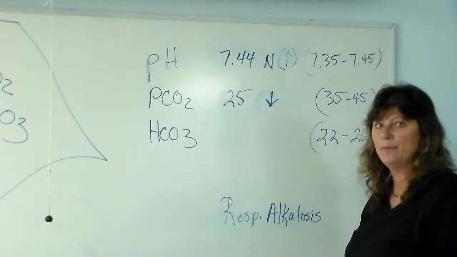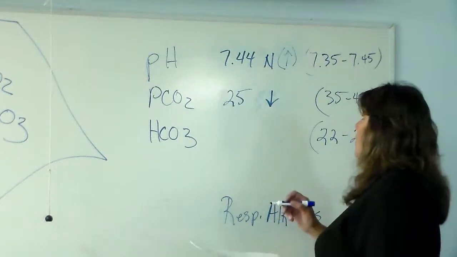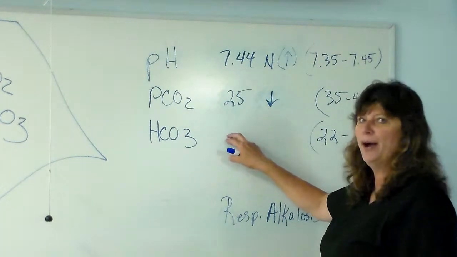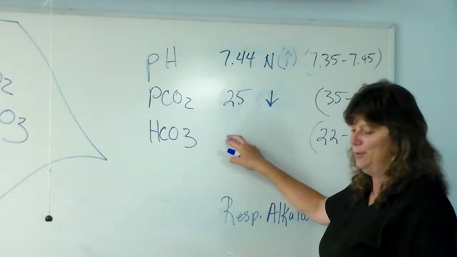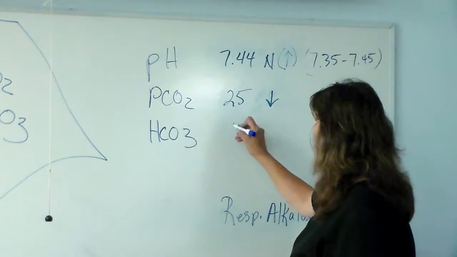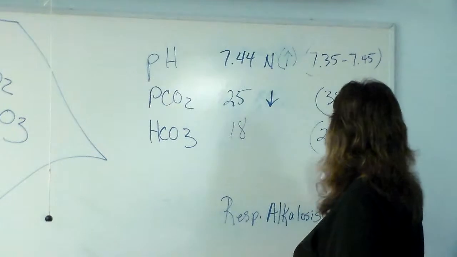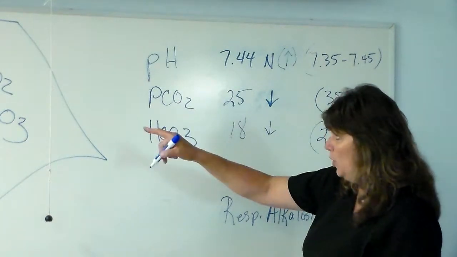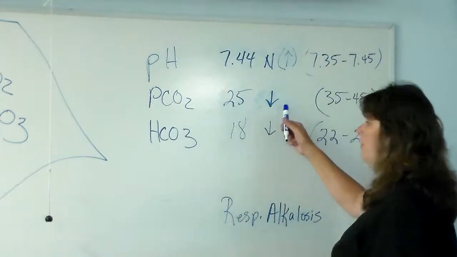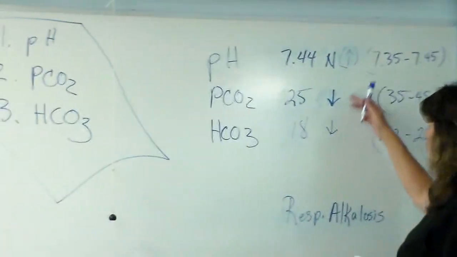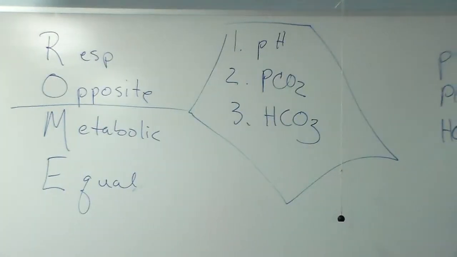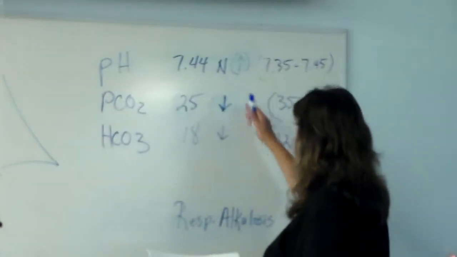Those arrows are in the opposite direction. Now, with this being in a normal range, I'm expecting my bicarb to be off. It's going to be off, okay? My bicarb is 18. It's low. Now, according to the ROME acronym, metabolic equal, no, these are not equal. This is indeed respiratorily induced alkalosis.